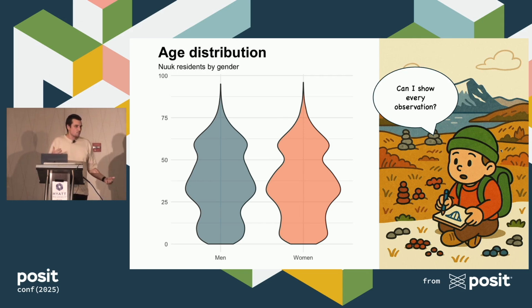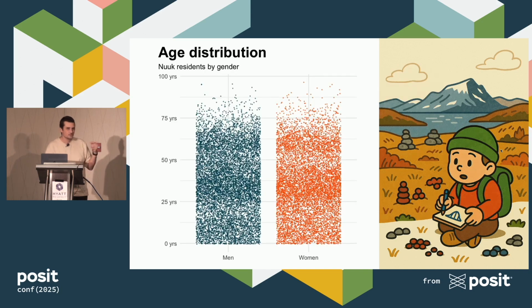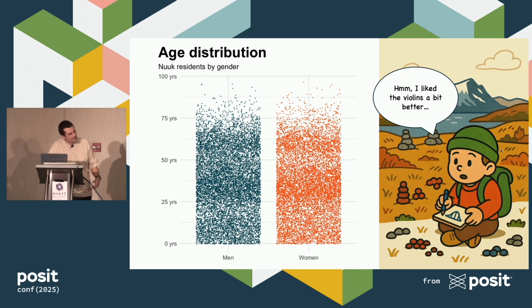We already know that there are more men than there are women in town. We did that for some other graphs, but I would like to show it in one exactly. So what I try to do instead is go for a point diagram like this, where every point is a row in the data set. And that's something magical about points. But I like the violins a bit better because there was some intuition that I lose if I don't go for that.